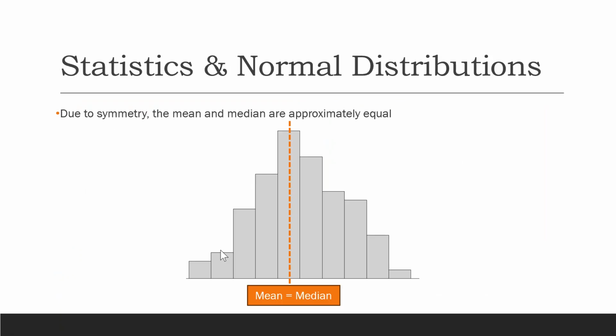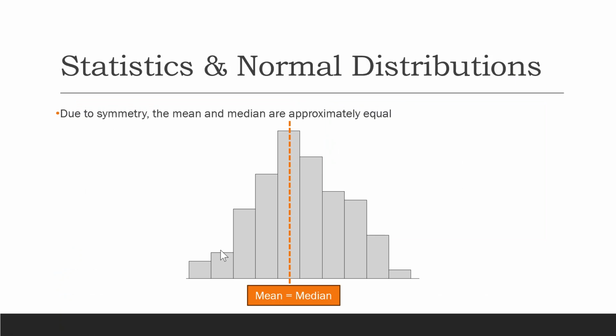So the reason why we say that when we have normal or bell-shaped distributions, we can report the mean. The truth of the matter is we can report either the mean or the median because they're going to be approximately equal. But a lot of times we use the mean because we're going to use the standard deviation.